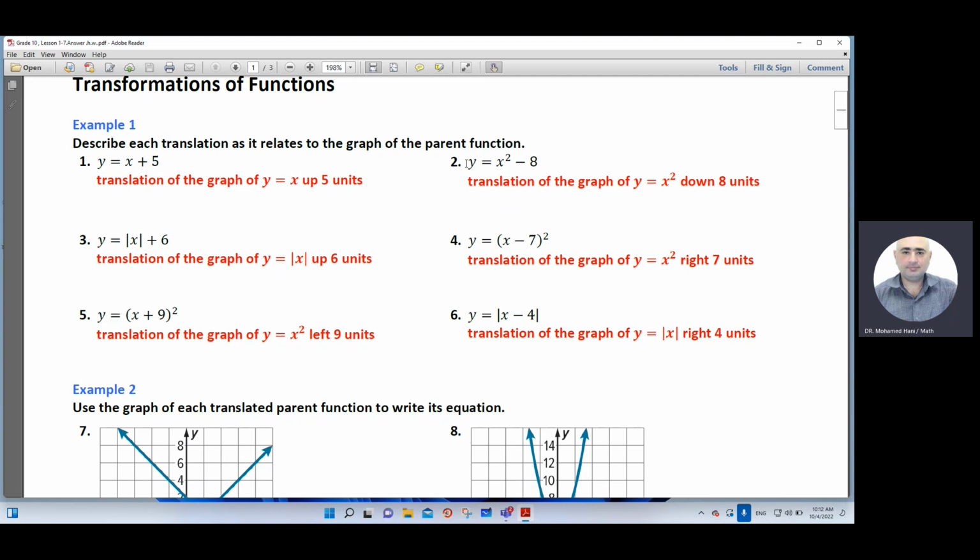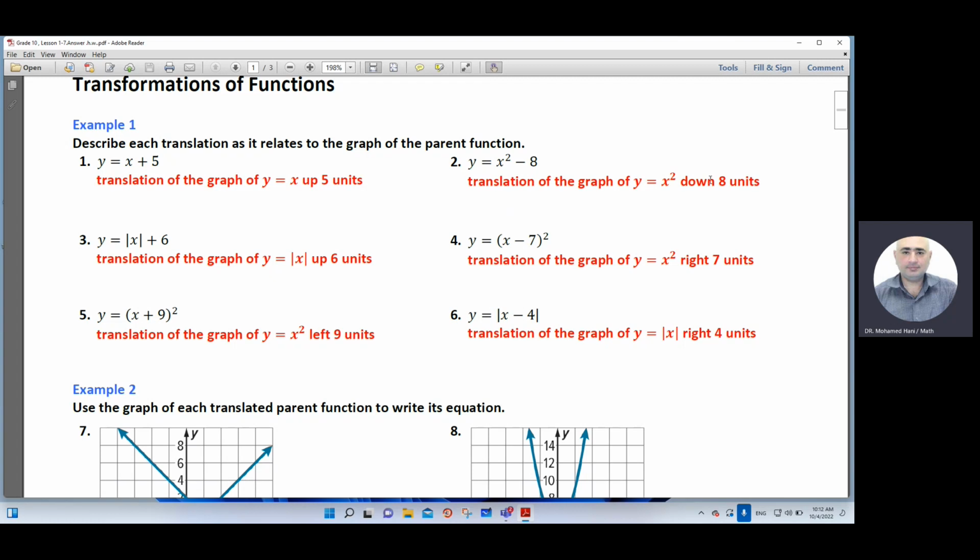Right. The second function, who can tell me what is the name of this function? When we have squared, what is the name? Quadratic function. And who can tell me the value of k, positive or negative? Negative. And when the value of k is negative, it means you have down 8 units.